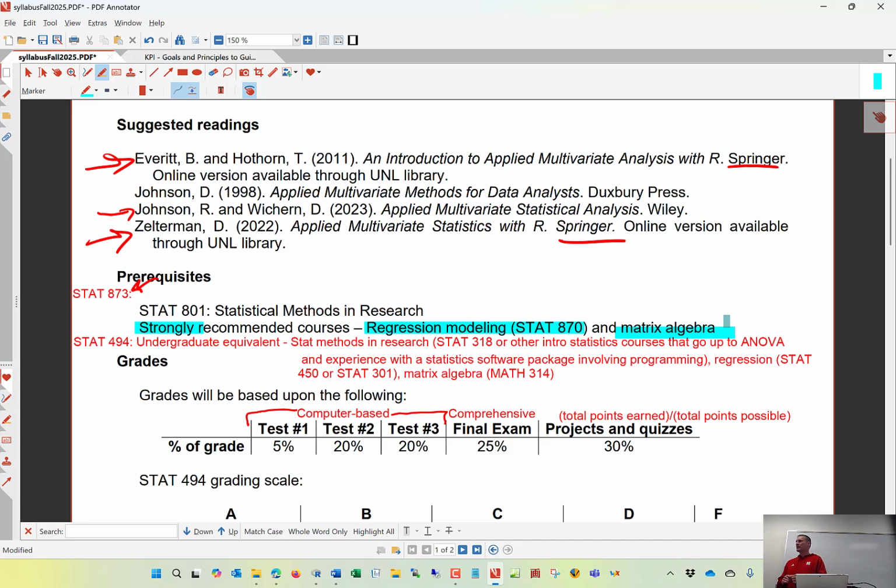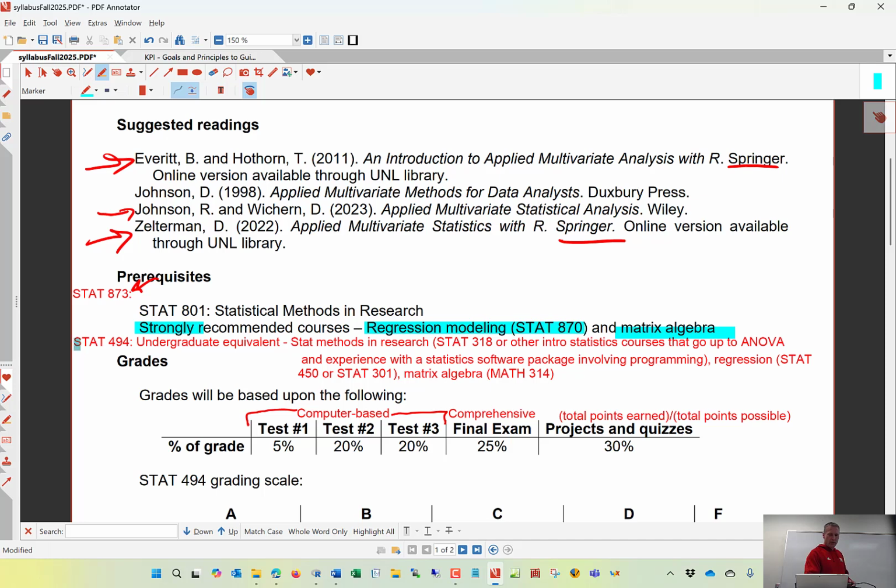Everything is done using matrices to look at regression analysis. Again, we will use a lot of matrix algebra in this class, so that's especially important.